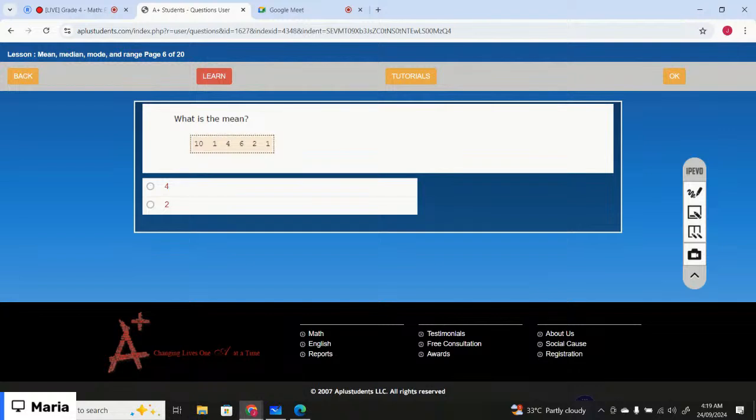That is, the mean value is 4. The correct option is 4.